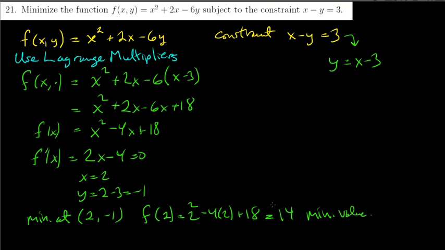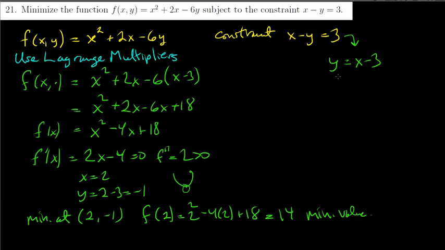And how do we know it's a minimum? The second derivative is positive here, it's just 2, which is obviously positive. That means it's concave up, which means you have a minimum, the lowest point. Obviously, this is not the way I want you to do it.